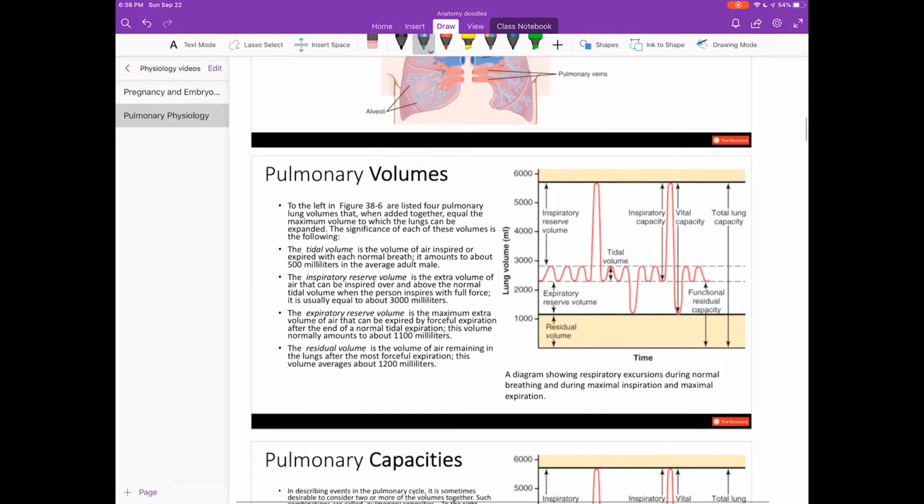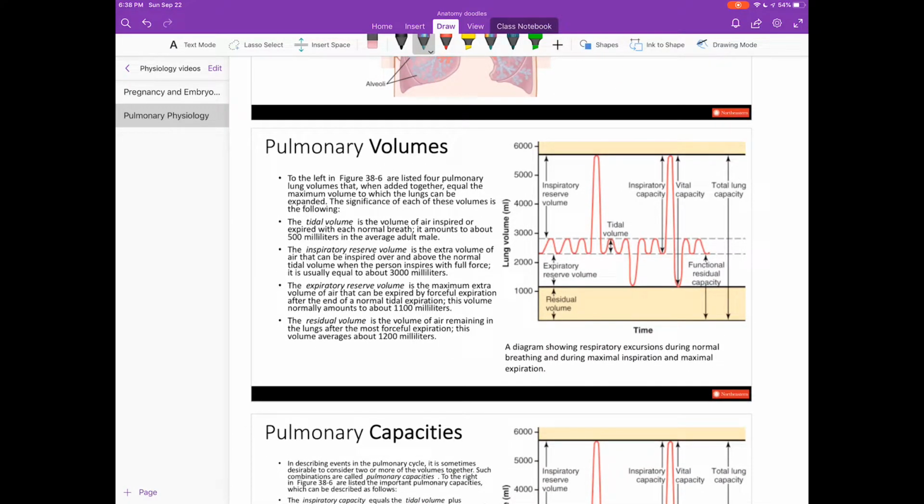So let's turn our attention briefly to the volumes and the capacities in the lung. The diagram on the right represents a spirometry graph that is showing the inspirations and expirations as a function of time. The red curve shows the different inspirations and expirations.